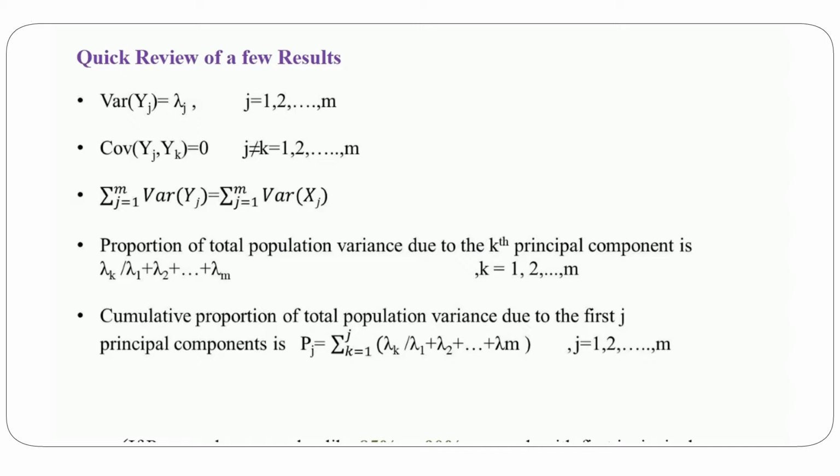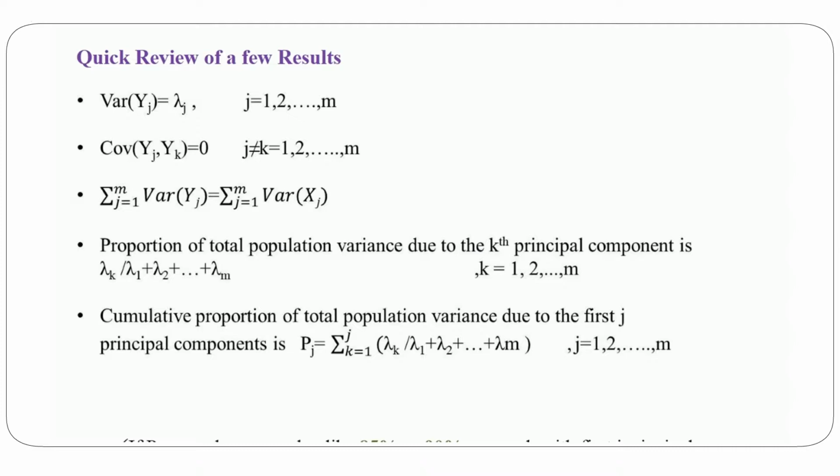The proportion of the total population variance explained by the kth principal component is given by lambda k divided by lambda 1 plus lambda 2 up to lambda m, and here k runs from 1 to m. The cumulative proportion of the total variability explained by the first j principal components is denoted by capital Pj.